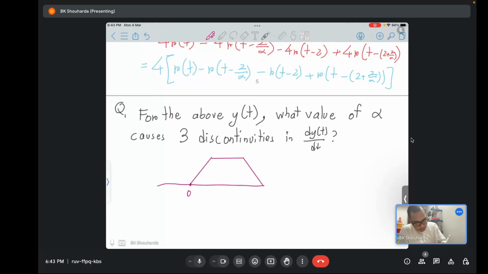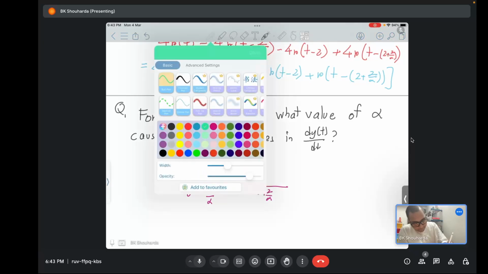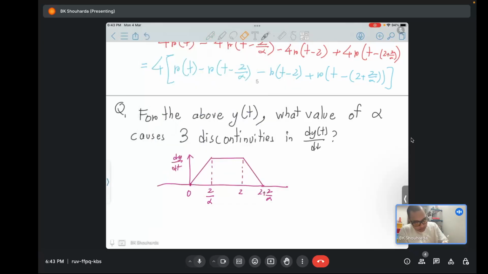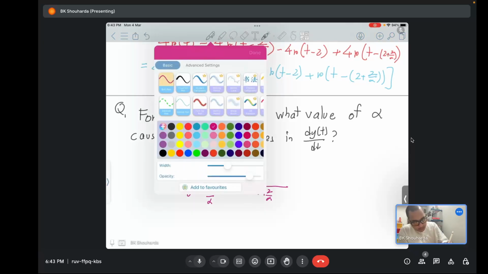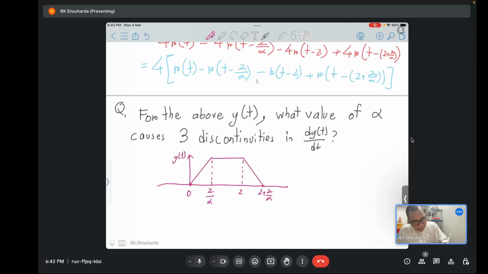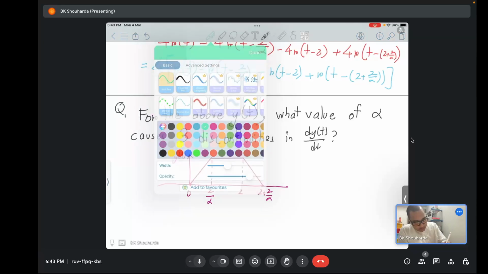So 2 upon alpha, 2 plus 2 upon alpha. What will dy/dt look like? Okay, sorry, this shouldn't be dy/dt, this is y(t). So how will dy/dt look?